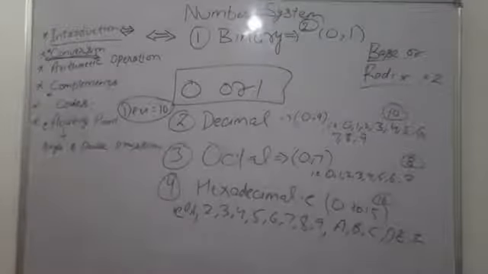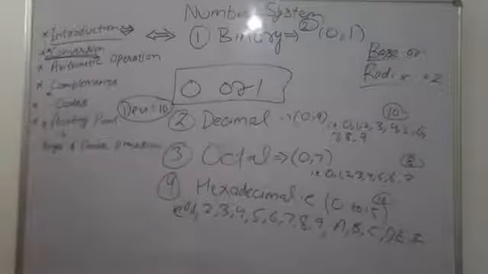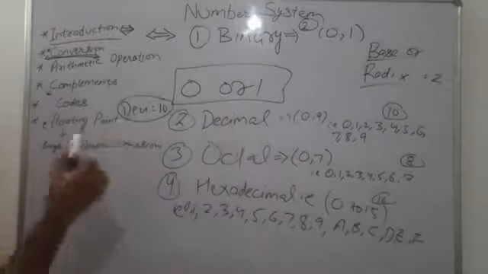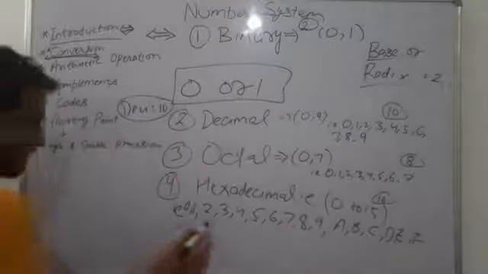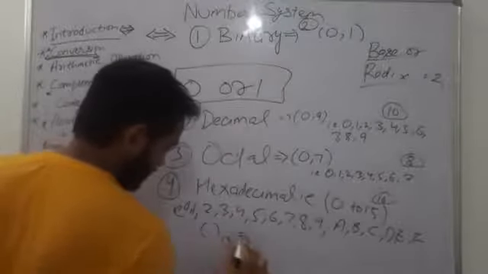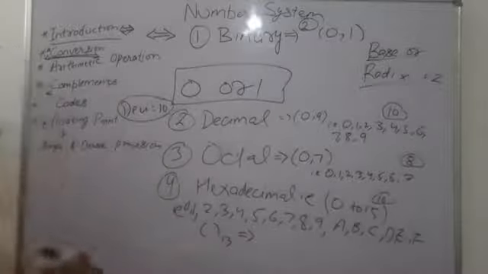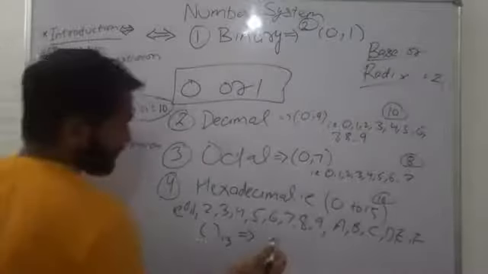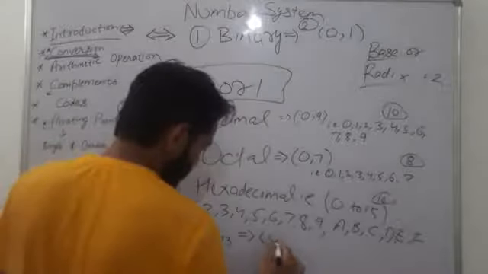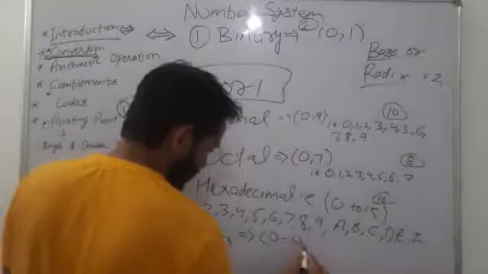Now, if someone gives any other base apart from binary, decimal, octal, or hexa, let us suppose we are given 13. So the range covers 0 to 12.